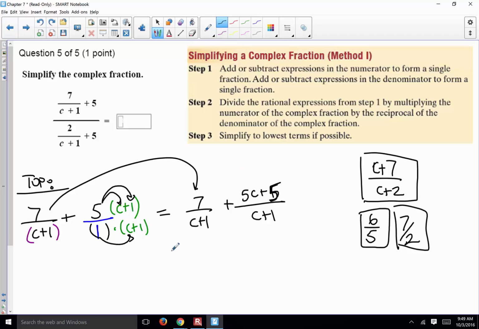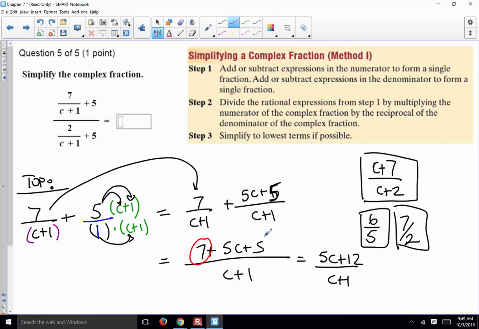Now let's add these together. 7 plus 5c plus 5 over c plus 1, which brings us 5c plus 12 over c plus 1. Look, 7 and 5 are like terms, so I add them as 12, and 5c is 5c.